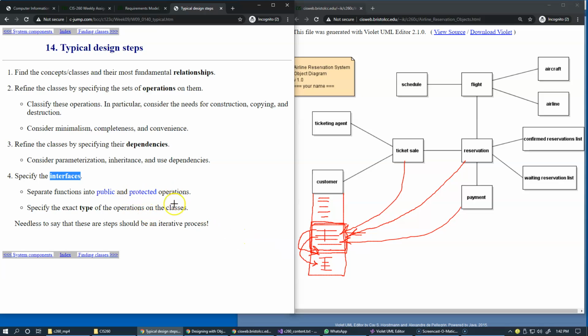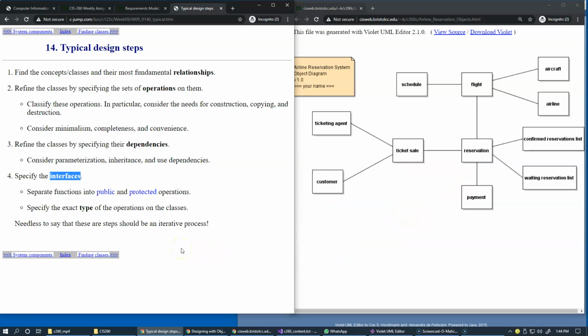Protected is just a variation of public. Of course, we also want to maintain clarity about the types of operations that we have, what sets of parameters we need, and what kind of information our operation may return as functions back to the rest of the system. And here we are again talking about the public operations.